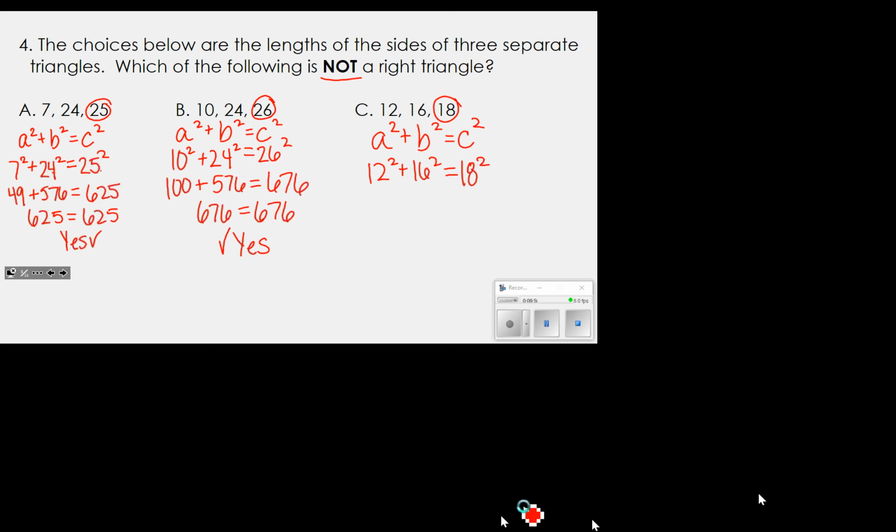So we have 144 plus 256, and that equals 324. Let's see if we get the right thing. So 144 plus 256 is actually 400, and that does not equal 324. So let's put a slash, and that one is not going to make a right triangle, so that would be our answer choice.